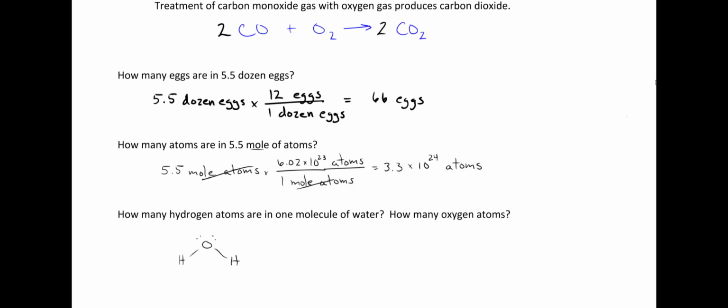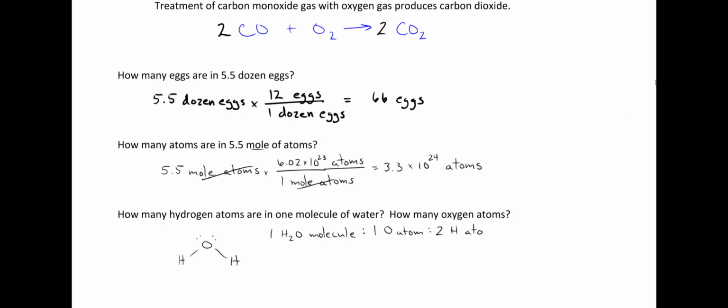And what we can say here is that every one water molecule has, or is equivalent to, and I'll just use a ratio symbol here, one oxygen atom is equivalent to 2 hydrogen atoms.